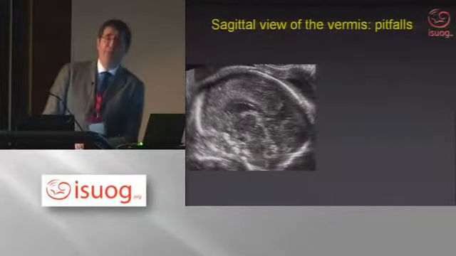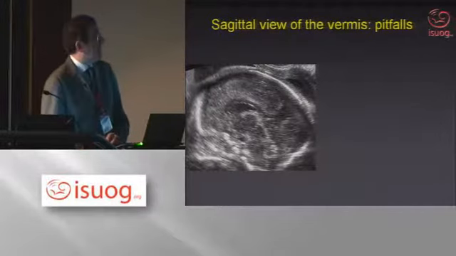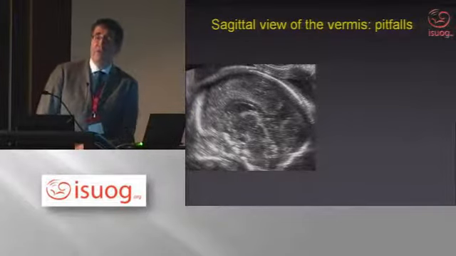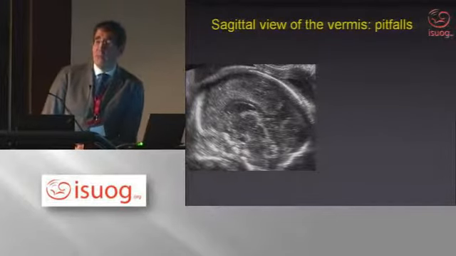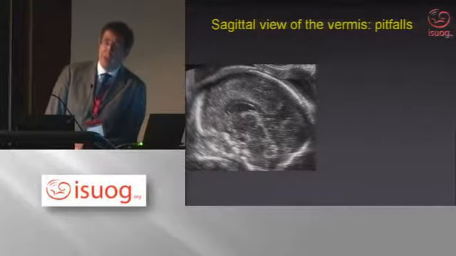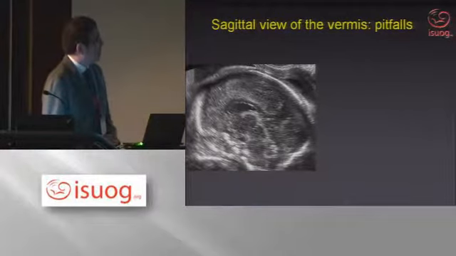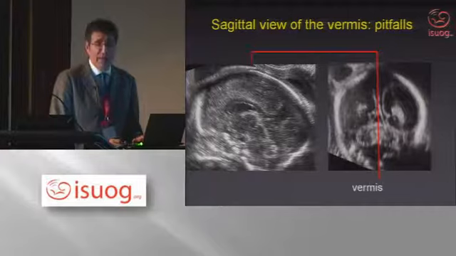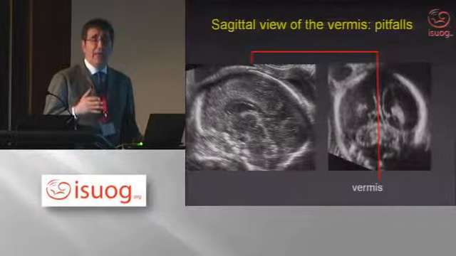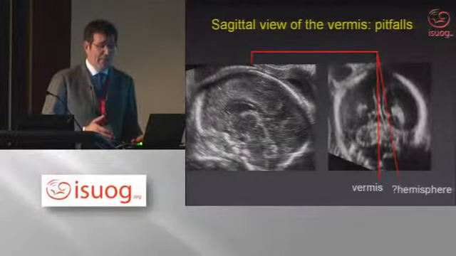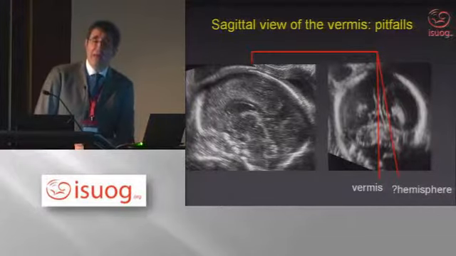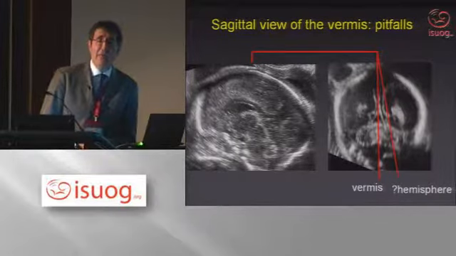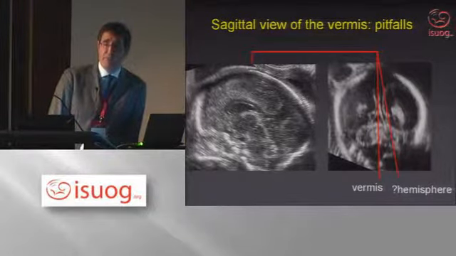There is one potential pitfall in obtaining the sagittal plane, which is you can never be completely sure that you are really seeing the vermis. Now, I can pretend to you that that is the vermis, but I cannot be sure, because in reality, I may be aligned along this plane, but I also may be aligned along a slightly offset plane, and in that case, I would see the cerebellar hemispheres.